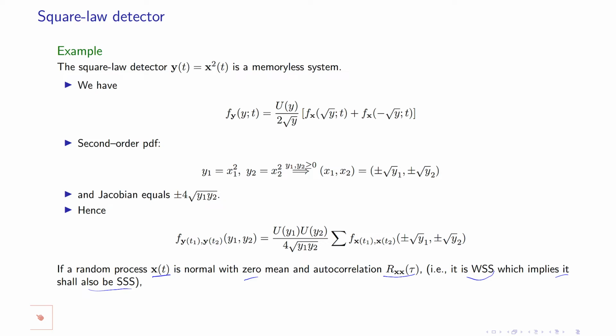For such a random process, we can calculate this distribution, because this is going to become the Gaussian distribution, and then you plug it in there, and then we can calculate. So remember that a normal random process which is wide sense stationary is always strictly sense stationary.